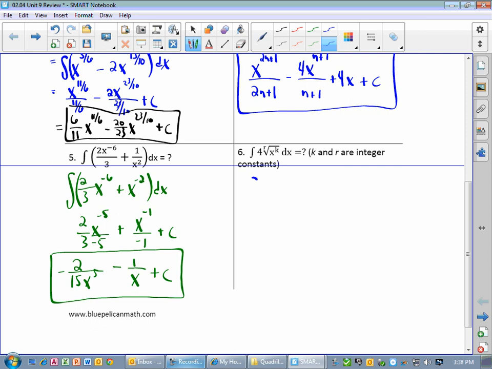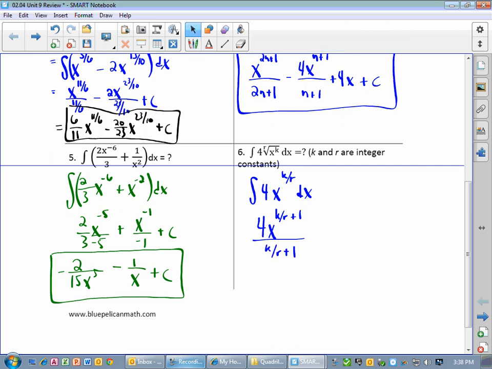And we can rewrite our root here as x to the k over r. So we add 1 to the exponent, we get 4x to the k over r plus 1 over k over r plus 1. Now it's bad form to have a fraction within a fraction, so to get rid of the fraction in the denominator, we just multiply by r over r, which is just this fancy value of 1.